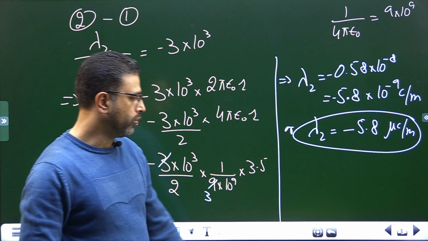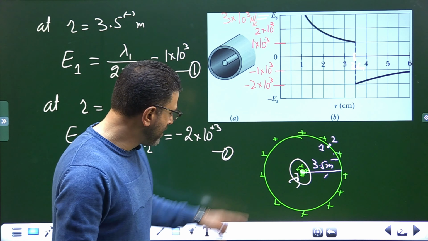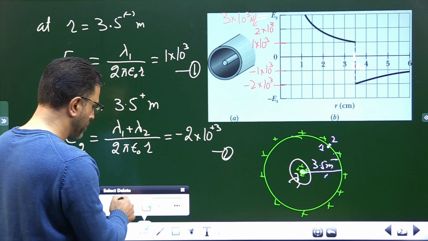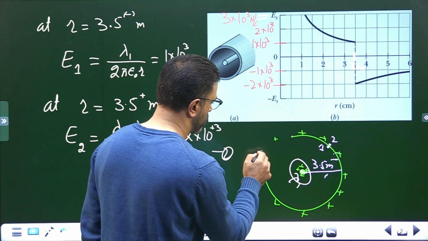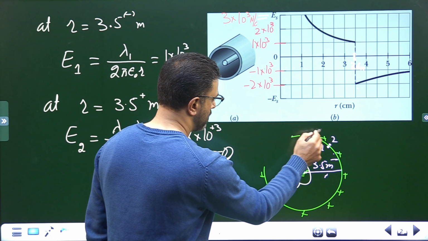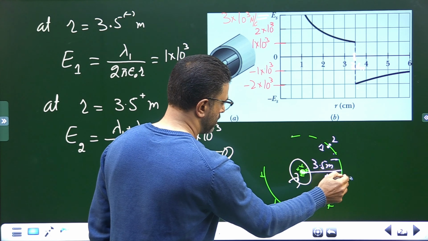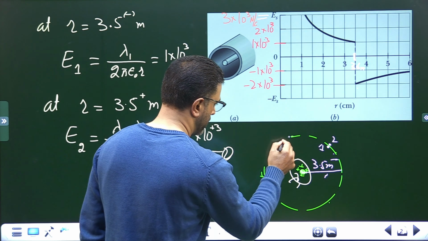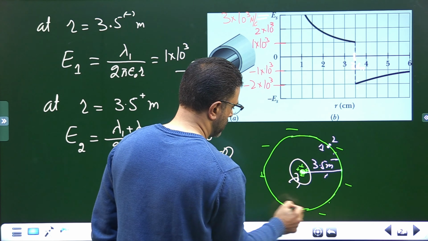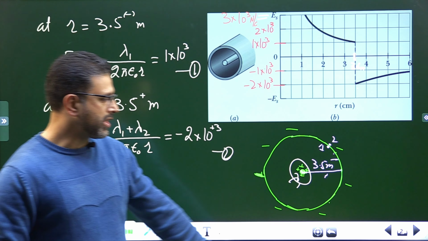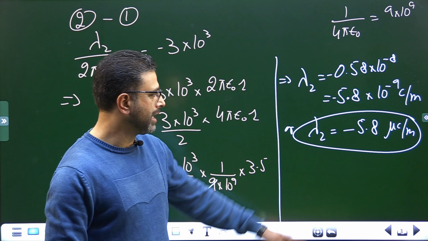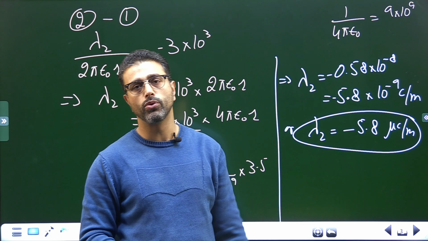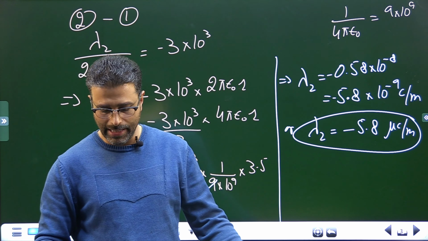So this cylinder is not positively charged. This is negatively charged, with a charge per unit length of minus 5.8 microcoulomb per meter. That's what we have to find out.